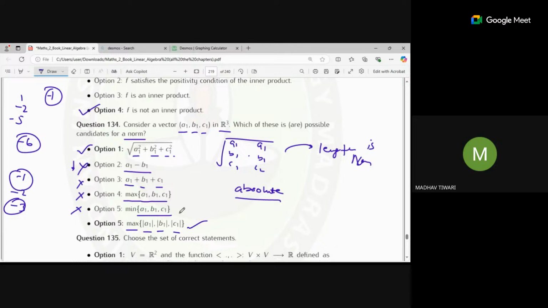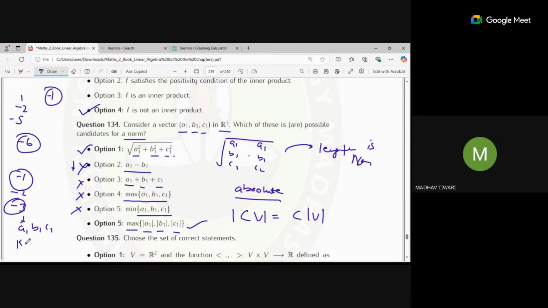The other properties are there, like c times of v's norm should be equal to c times the norm of v. So it will be the same, because if you are finding the norm of A1, B1, C1, suppose A1 is the greatest.